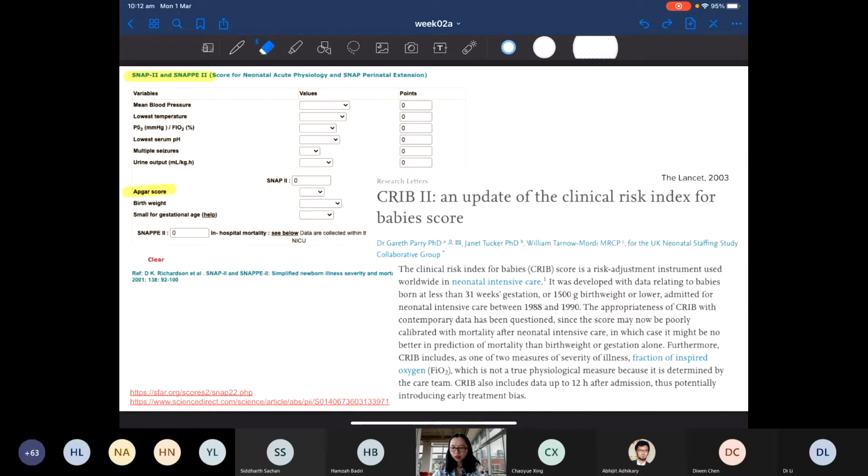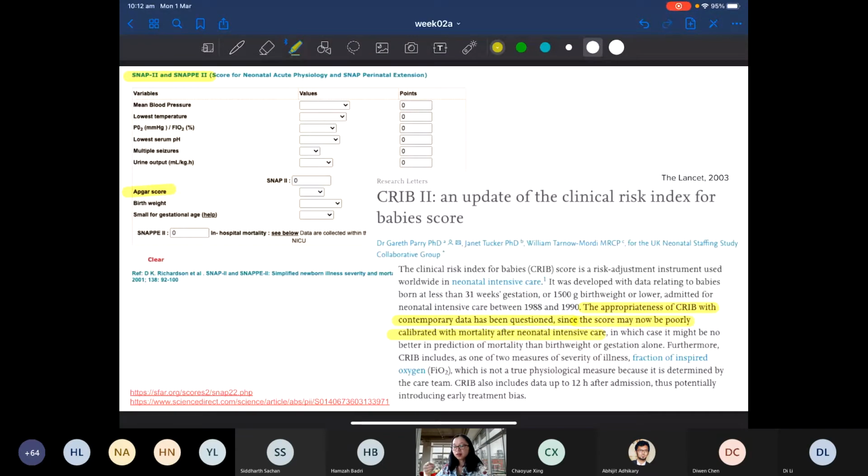So another score that's developed in UK that's well known is called CRIB. What this particular research article published in the Lancet, the top medical journal, basically says is that the appropriateness of CRIB after a number of years or a decade or so needs to be calibrated, right?